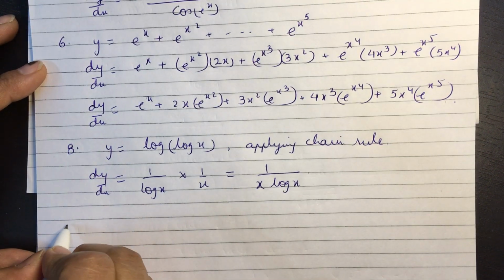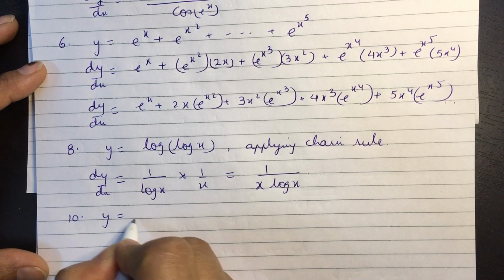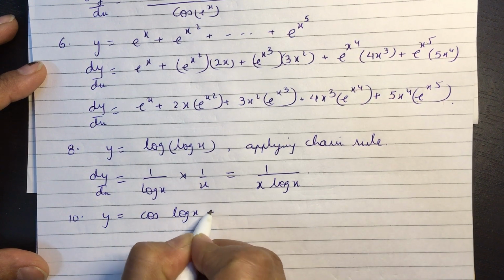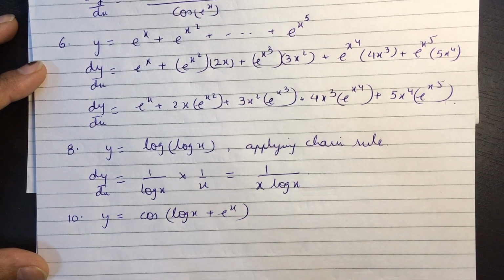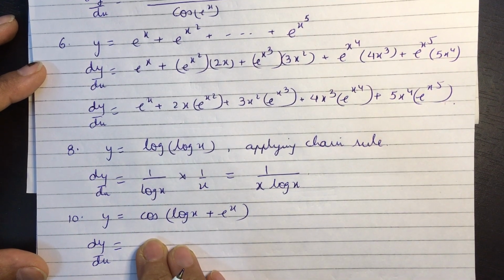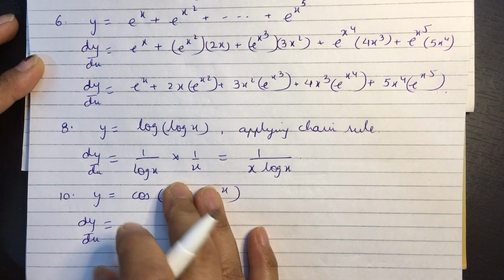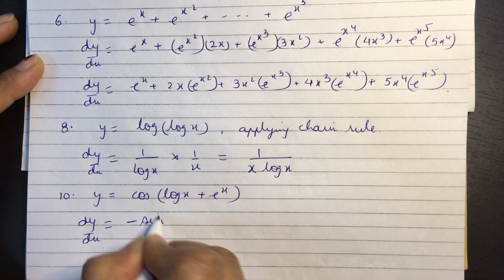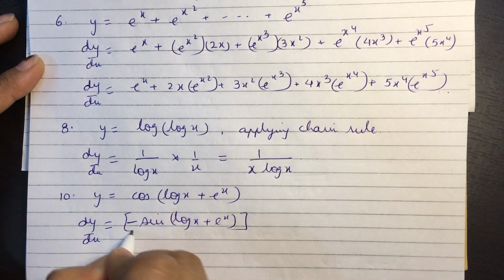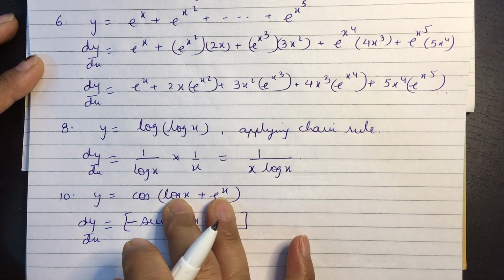Now, one last question, that is question number 10. Y equal to cos of log x plus e raised power of x. So, dy by dx is, now first of all you come across cos, derivative is minus sine of log x plus e raised power of x into, now you come across this whole thing.